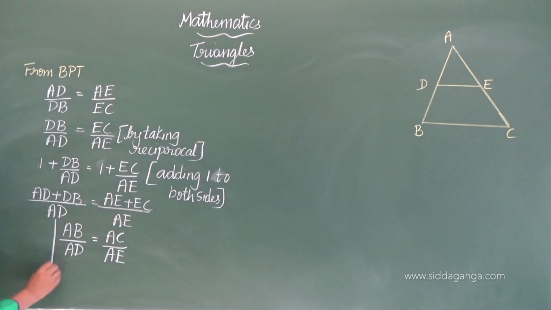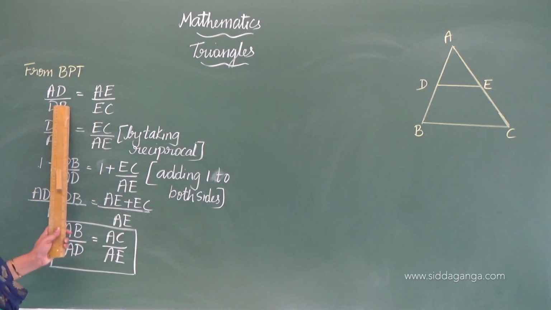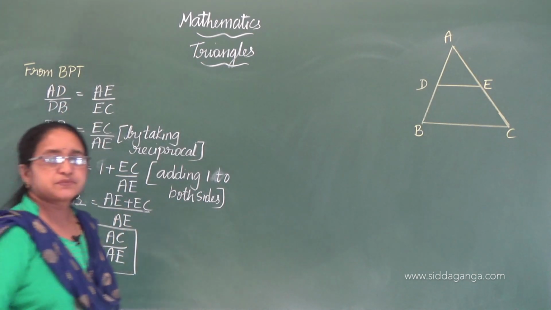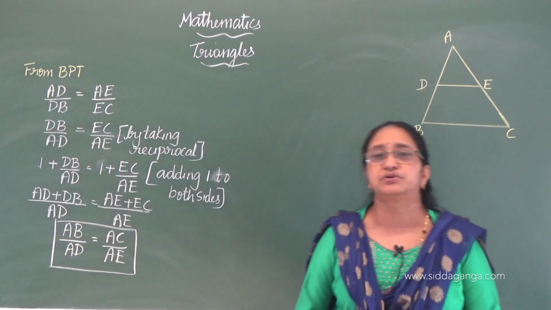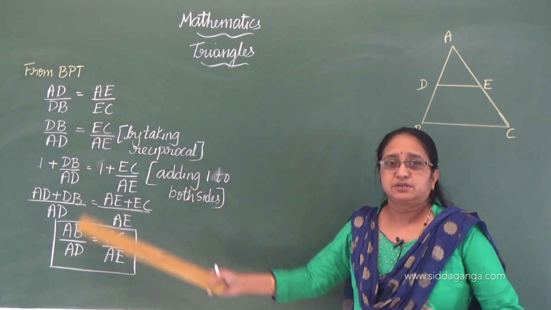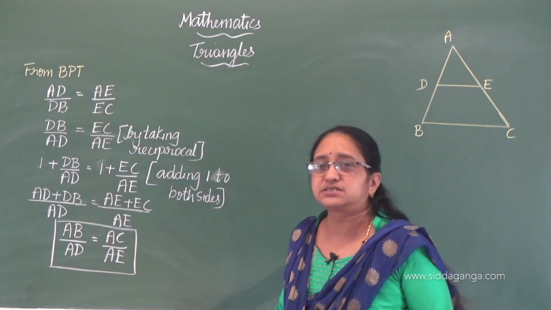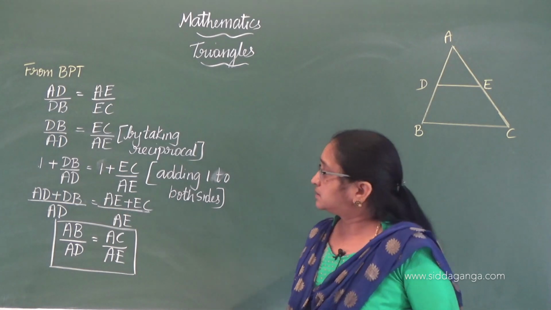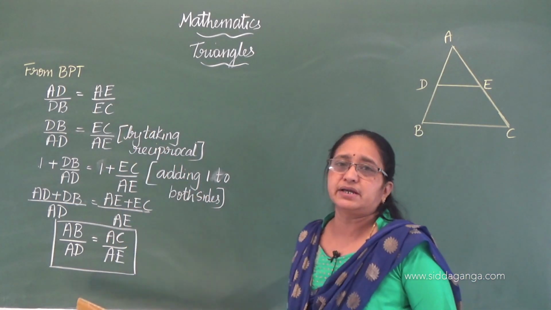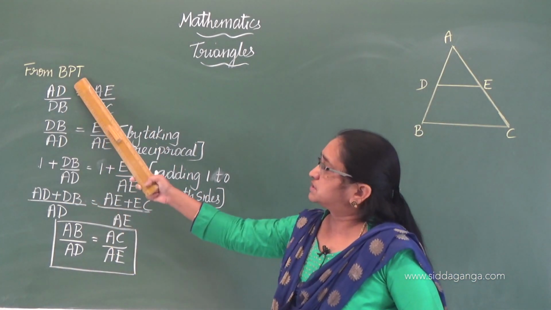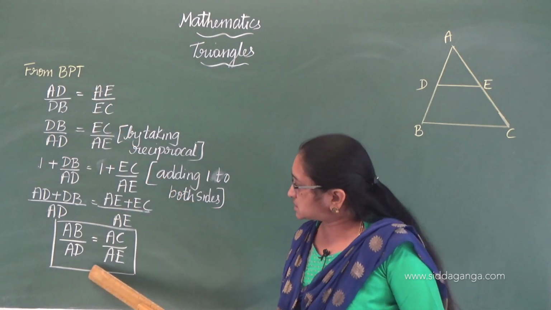So this is another result which is derived from the BPT. This is also very important for you to do the problems. They may not ask this derivation, but you should know how we got this result by using the BPT.